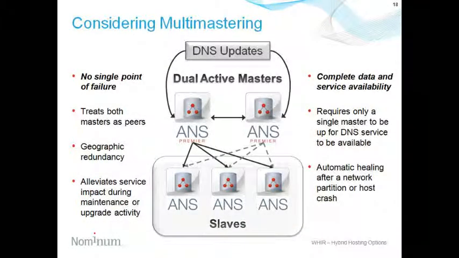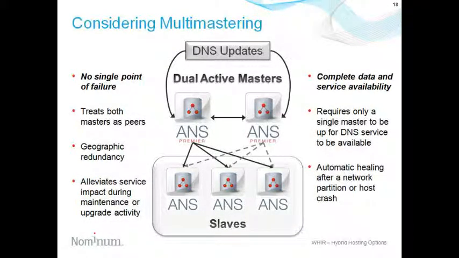Now, multi-mastering. This is something that's going to be interesting for everyone. What you may know as commonly called in the industry dual active masters, Nominum calls multi-mastering. But just to give you a sense of the differences, if you have one master authoritative server that you store all of your zone information in, and for some reason that master goes down, all of the slaves will be without updates for as long as that master is down.